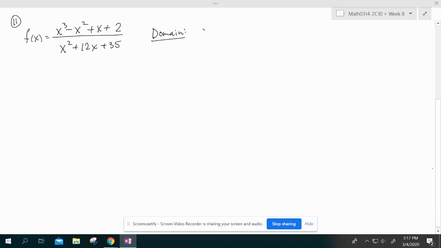then I'm going to have to set up the restriction, which says that x squared plus 12x plus 35 cannot be 0. And then what kind of equation is that? Okay, and since it has all 3 terms, I'm going to have to consider a technique to solve that.